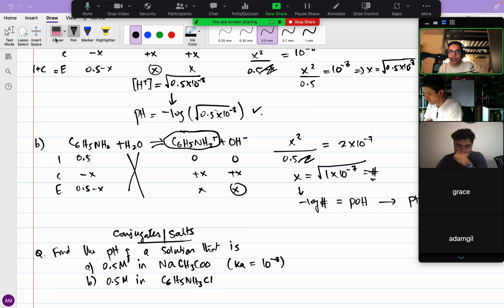And let me change the first question, actually. Let me make this barium acetate, Ba(CH3COO) twice. And let me elaborate that Ka of acetic acid is 10 to the negative 8.